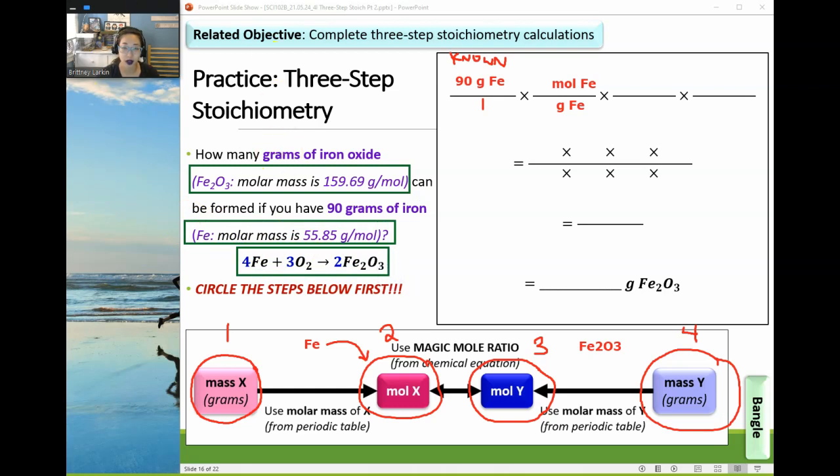So we need to think about which of these three things has moles and grams and is specifically for iron. Pause the video and think to yourself, which of these would I use? All right, so taking a look here, the only thing that has both moles and grams is our molar masses, but specifically we need the one for iron, so it's going to be the second one right here.